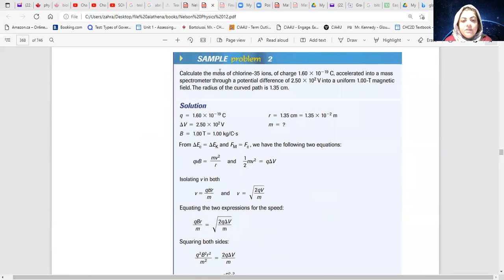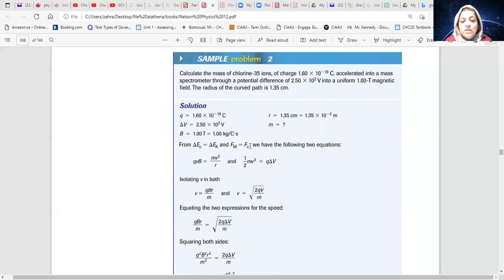Here is the question: calculate the mass of a chlorine ion of charge 1.6 times 10 power negative 19 accelerated in a mass spectrometer through a potential difference of 2.5 times 10 power 2 volts into a uniform 1 Tesla magnetic field. The radius of the curved path is 1.35 centimeters. We want to find the mass of the chlorine. So we use the same thing. QVB is mv squared over r, because the force needs to be equal to the centripetal force.